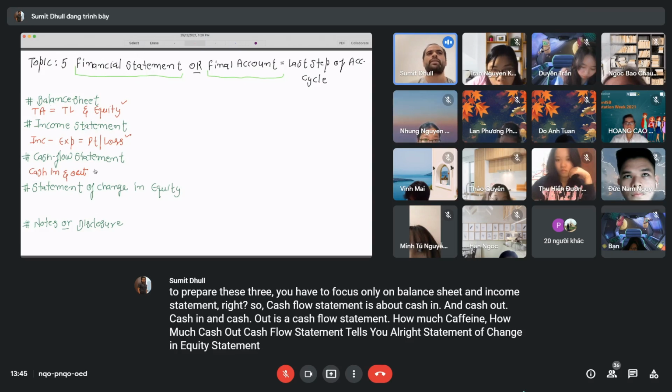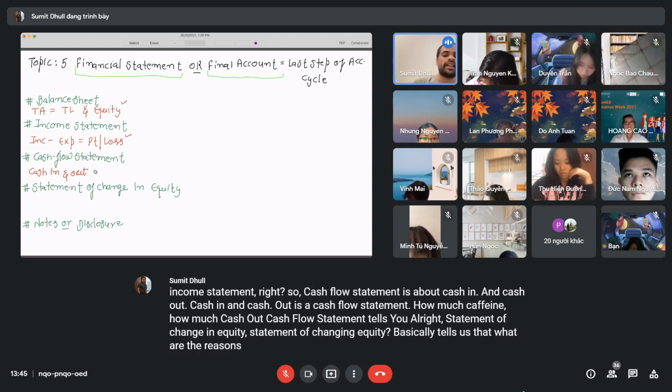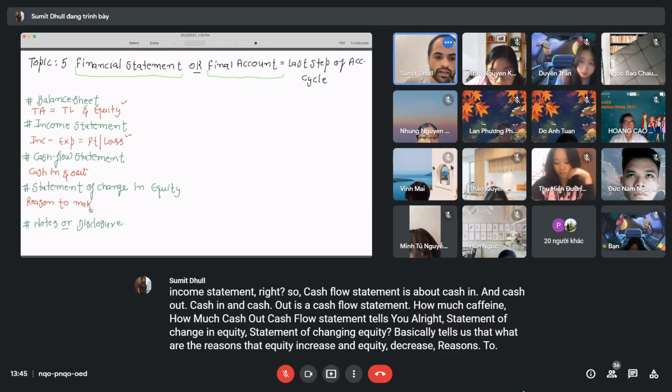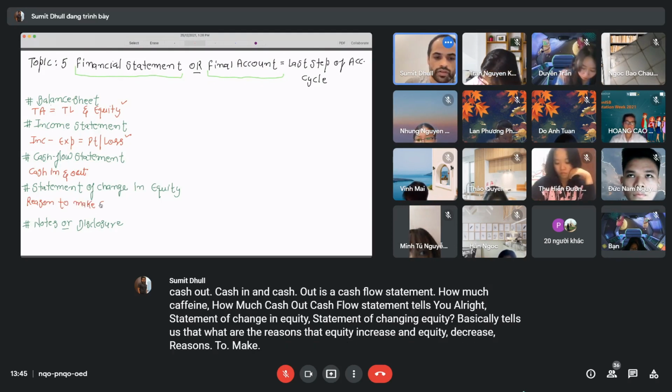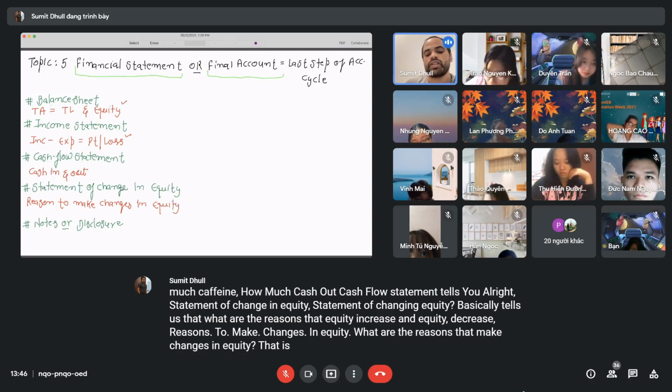Statement of change in equity basically tells us the reasons that make changes in equity, the reasons that equity increases and decreases.